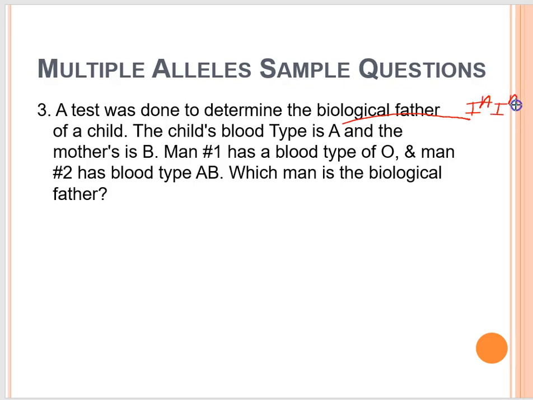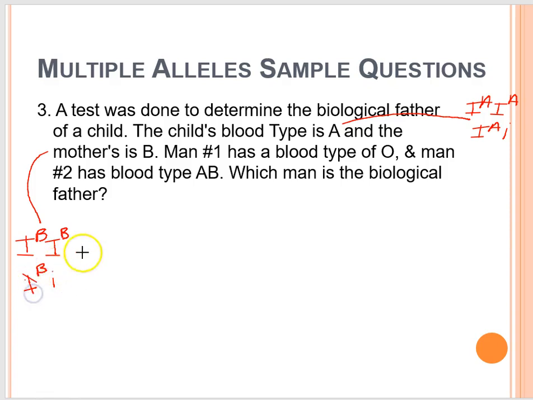I A I A or I A little i. Type A. The mother is type B, so what are her two possible? I B I B, or I B little i. There's her two possible.